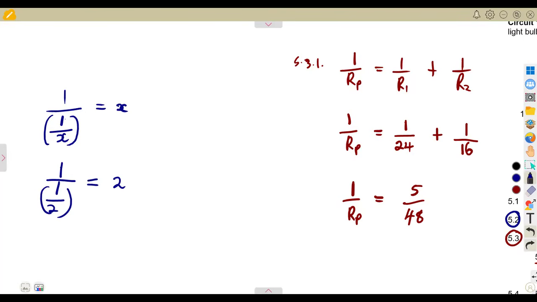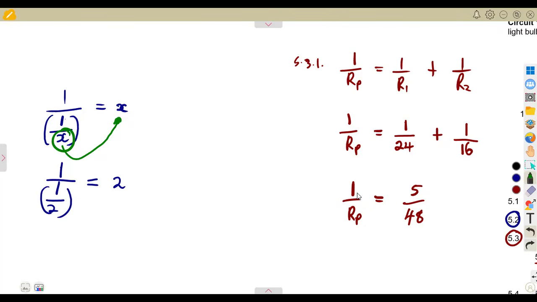Because I want to find this Rp: to have x written here, you've got 1 over x, but you want to write it as x. The moment you write this as 1 over this, you are now having x, which is the reciprocal.